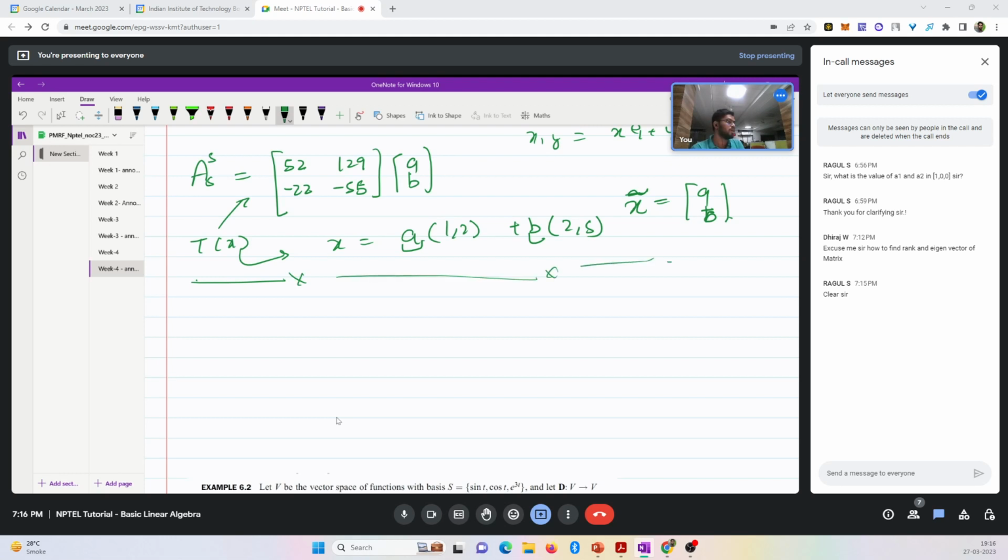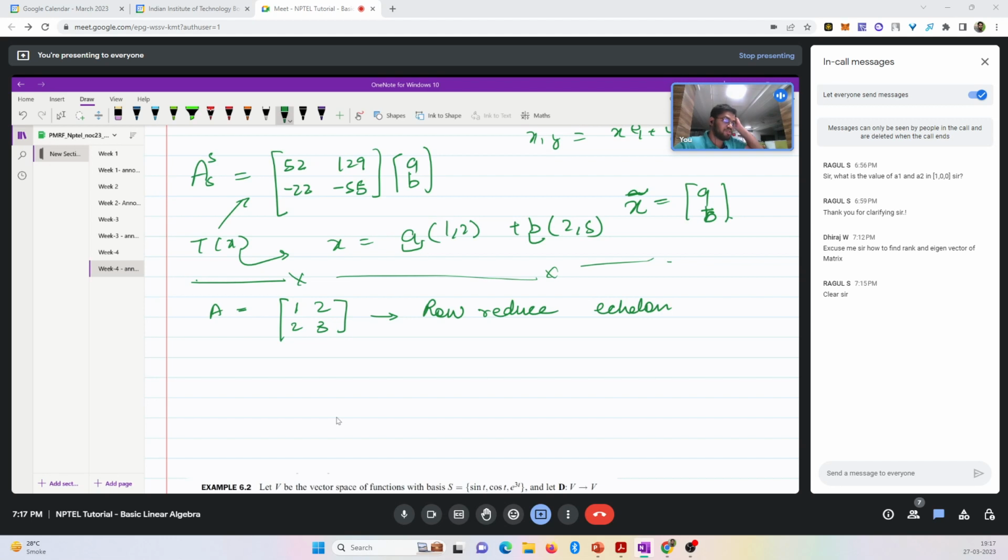So I can tell you how to find the rank of a matrix very quickly. So let's say you have a matrix A, for example, 1 2 and 2 3. First thing that you're going to do is row reduce this matrix to echelon form.